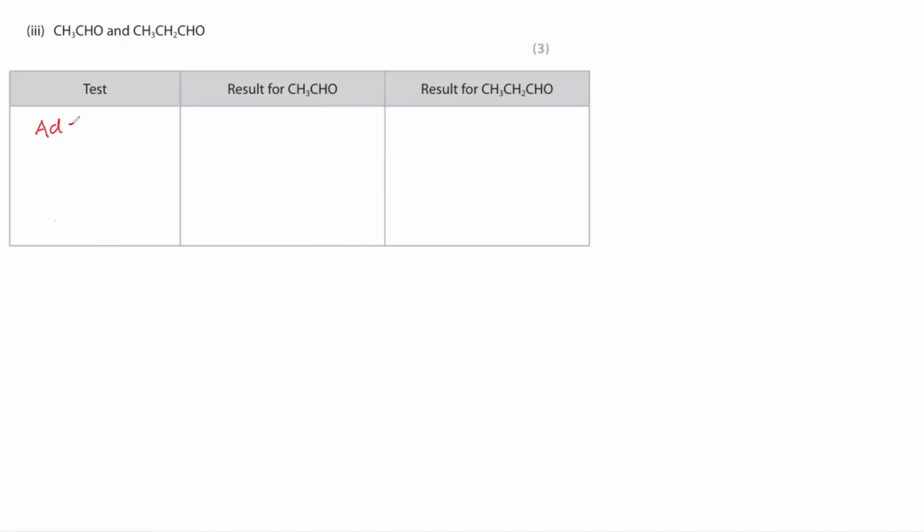So what we are going to write here is: add iodine aqueous solution with sodium hydroxide aqueous solution. I add both of them, iodine and sodium hydroxide.